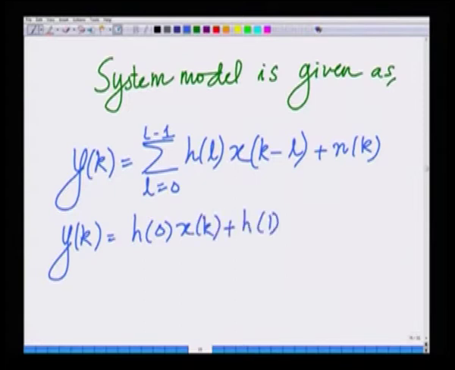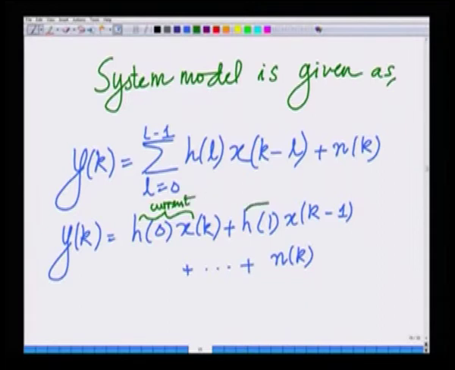h 1 x k minus 1 plus so on plus n k, and this we said each output symbol depends on both the current symbol and also the past symbols x k minus 1, x k minus 2 and so on.